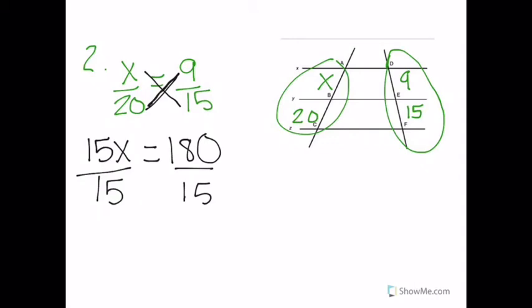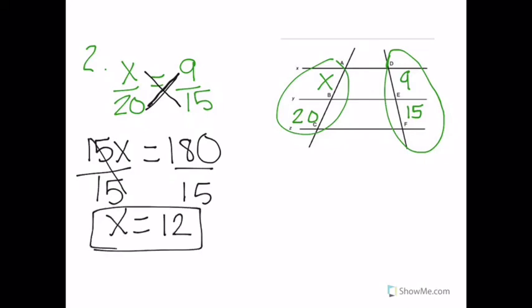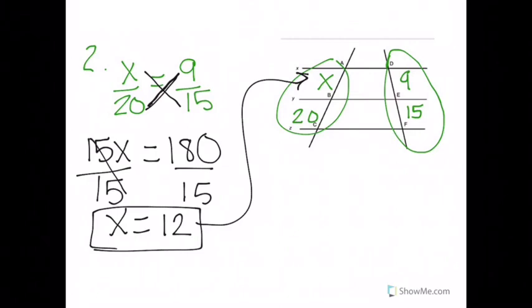Divide both sides by 15. x equals 12. So that missing segment is 12. So hopefully that made sense, how to find missing segments using the side splitter theorem for a triangle and then for some parallel lines.